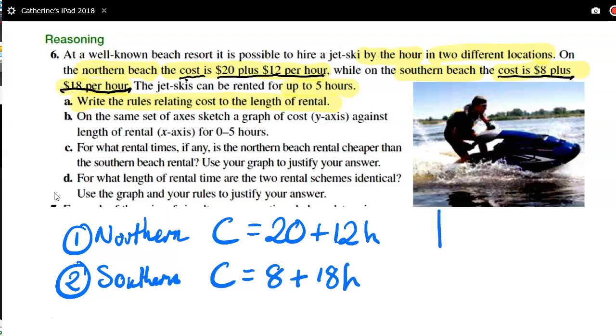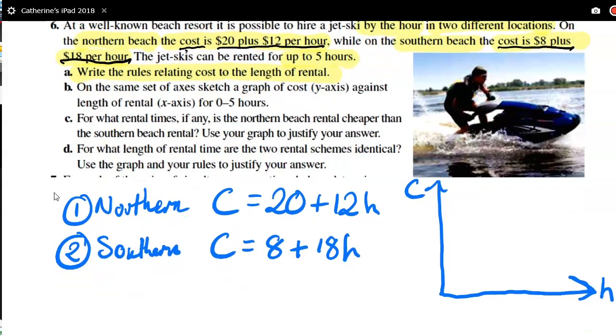Now when you set up your Cartesian plane, it's just going to be the first quadrant, because obviously you can't go back in time and you can't have negative cost. You're not going to be paying your customers. So I'm going to be setting it up like that, where H is our x-axis, length of rental, and the cost is our y-axis. But I would actually use C and H to indicate those.